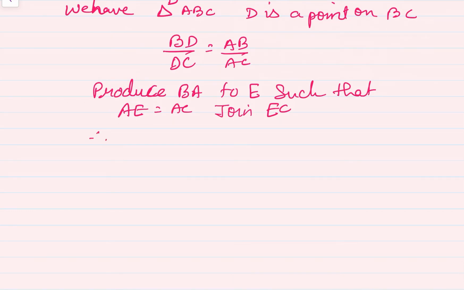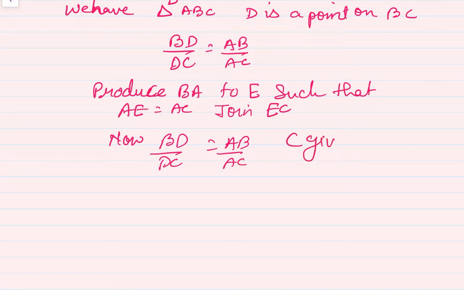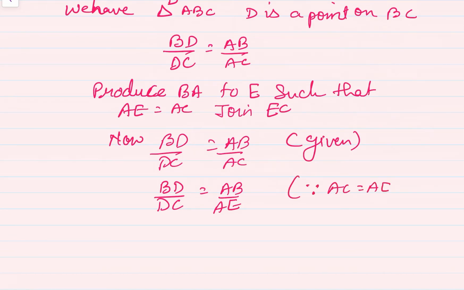Therefore, BD upon DC is equal to AB upon AC. This is given to us. Therefore, BD upon DC is equal to AB upon AE because AC is equal to AE.